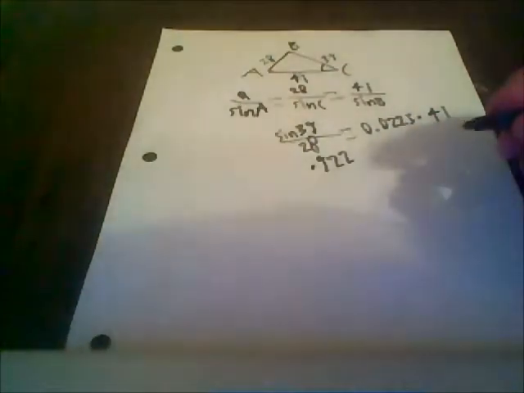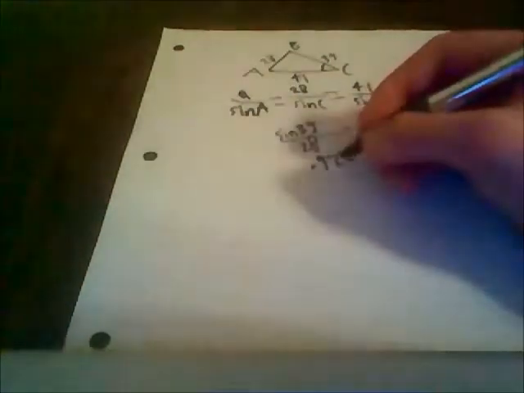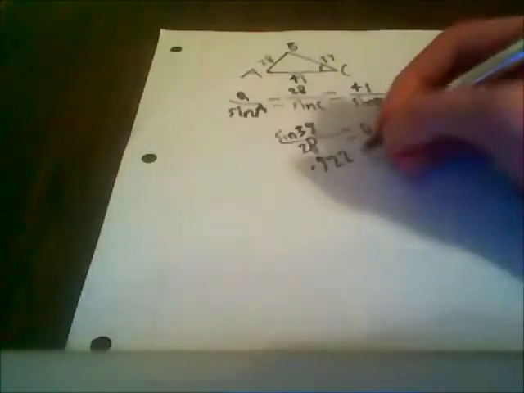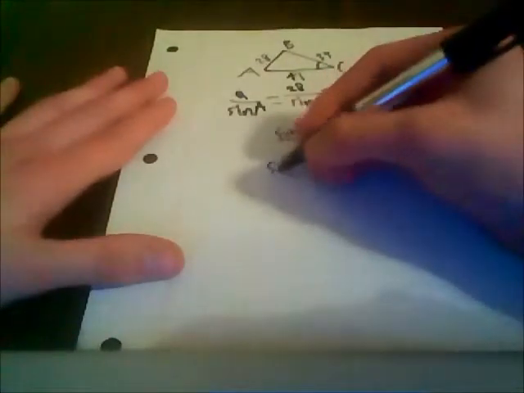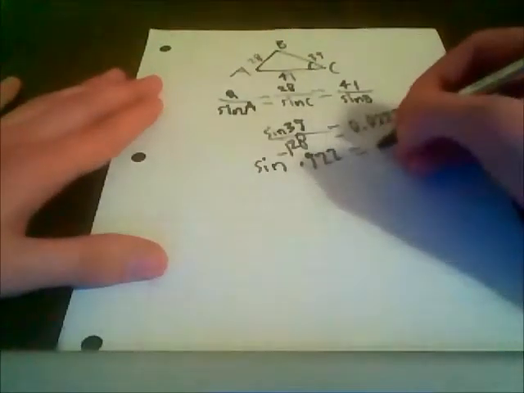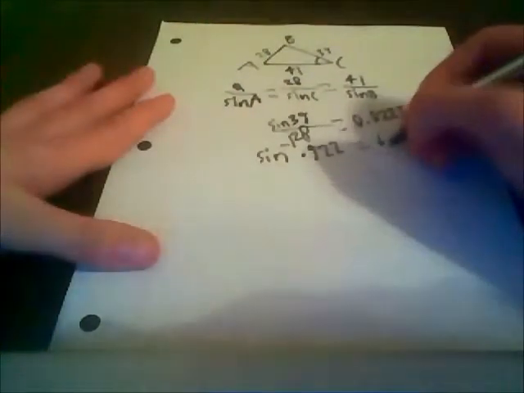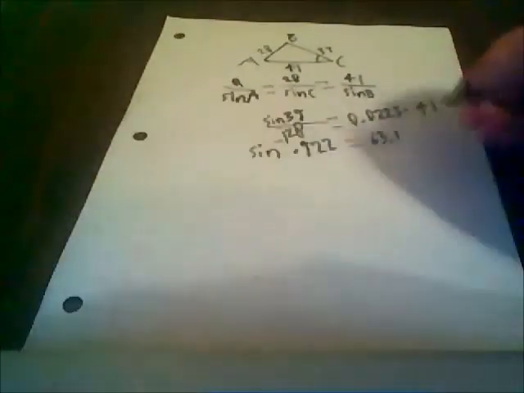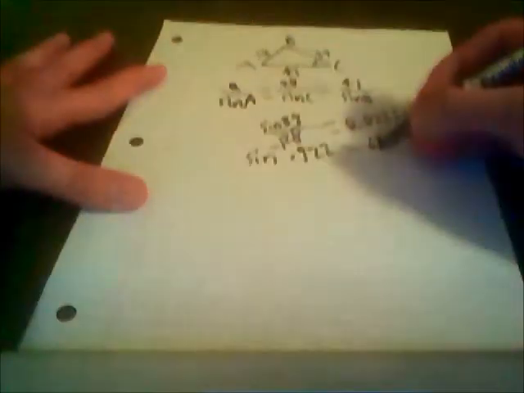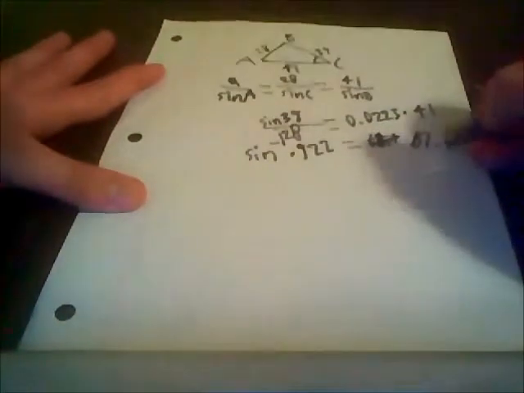Use the second sine on your calculator to turn 0.922 into 67.1.